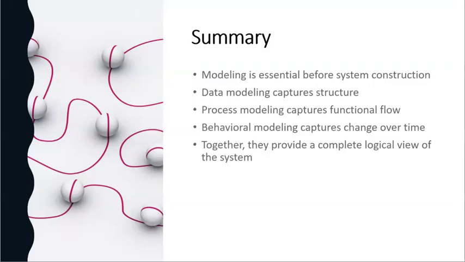Okay? So data modeling captures the structure of the system. It defines what entities exist, what attributes describe them, and how they relate, meaning the relationships. Without a clear structure, database design becomes unstable.